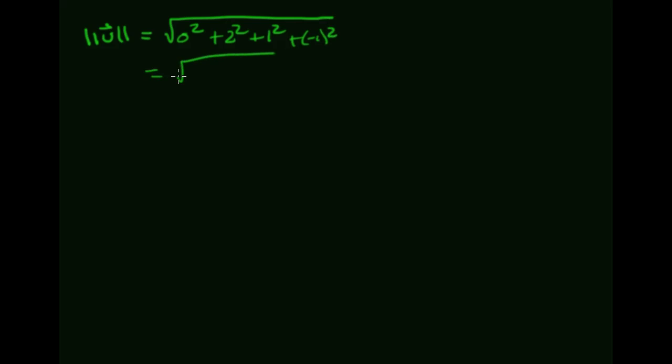Okay, so problem 2 works the same way that problem 1 did. We take the magnitude of u. This time I have 4 components, so it's 0 squared plus 2 squared plus 1 squared plus negative 1 squared. So that's going to come out as 0, 4, 1, 1, which is the square root of 6. So v should take u and divide it by the square root of 6, and then multiply it by the magnitude I want, which is 3.